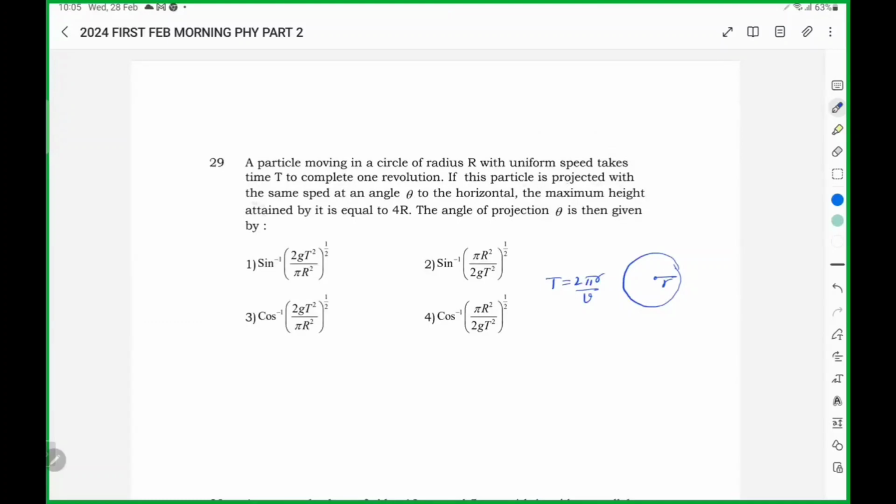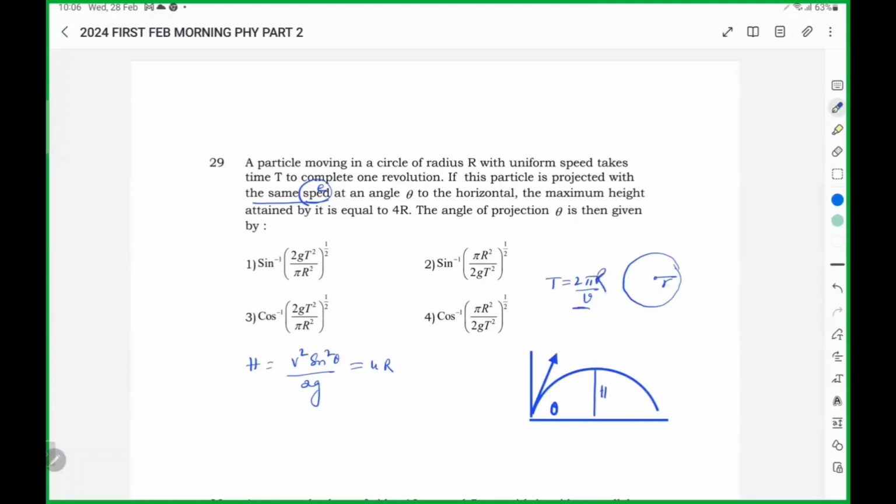If this particle is projected with the same speed, that means this speed, at an angle theta to the horizontal, then maximum height attained by it is v square sine square theta by 2g, and that maximum height attained he has given as 4r.